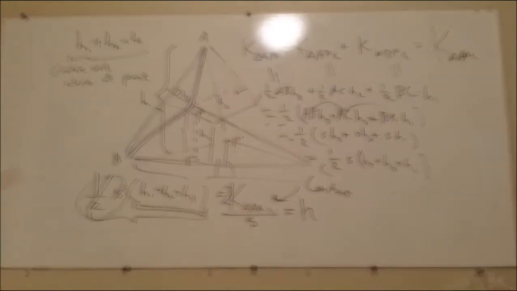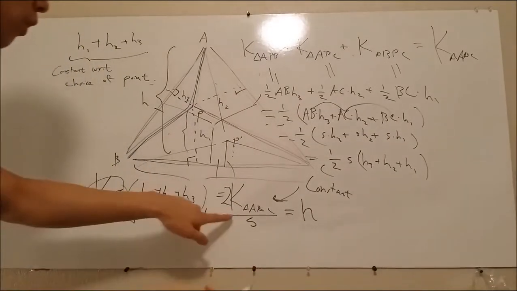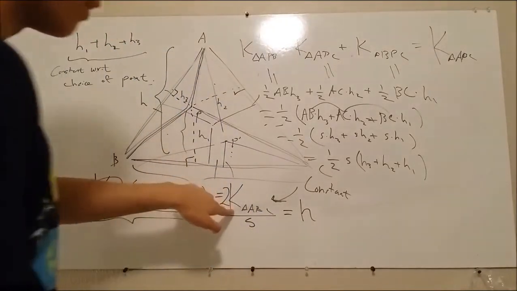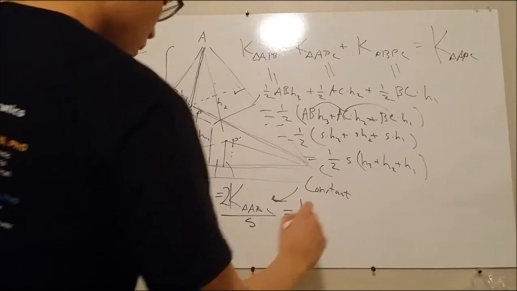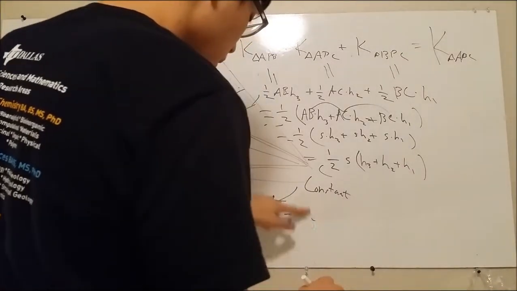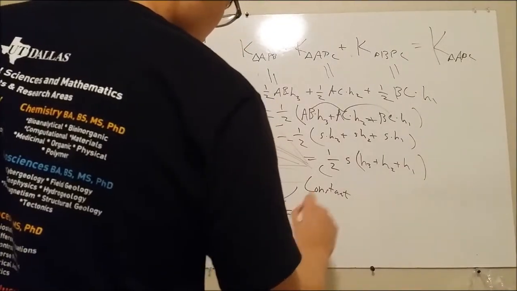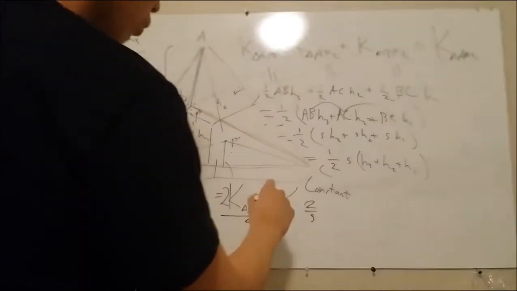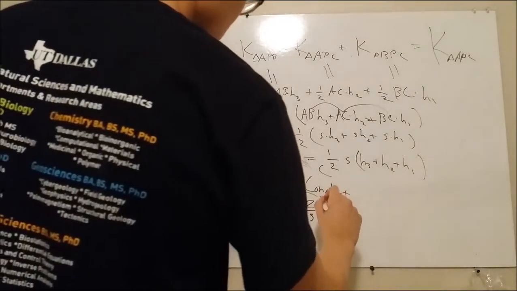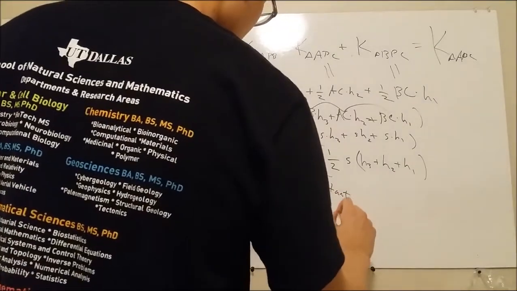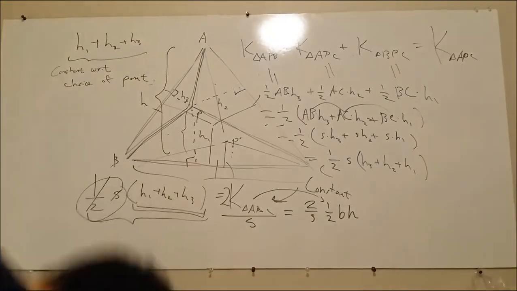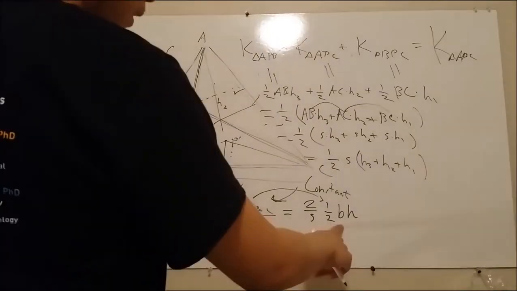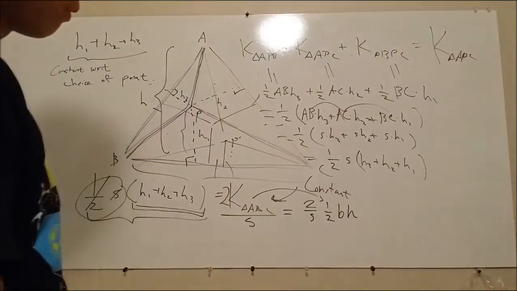Okay? But this part's fairly simple, right? We can rewrite the area of ABC as simply, okay, we put the 2 in the S front, and this we rewrite as 1/2 base times height. But again, what is the base of an equilateral triangle?